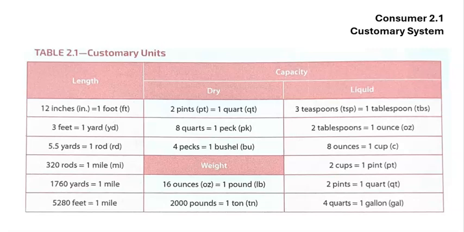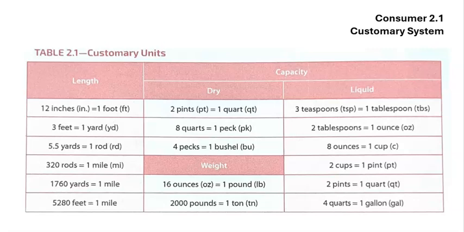So keep it handy. On the left side, you see that we have length. There are a couple of things that you're probably not used to. You see a rod there, which is 5.5 yards. And then in the top, middle, and the right, we see capacity, which is how much of something you have. In the middle is dry, on the right are liquids. And in the very bottom of the middle, you've got weight, how much something weighs, obviously.